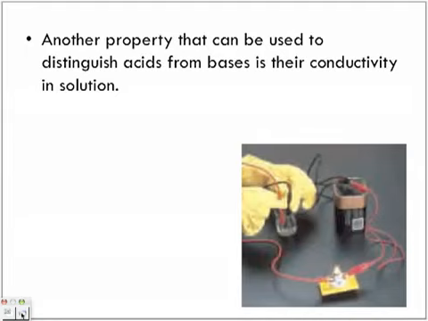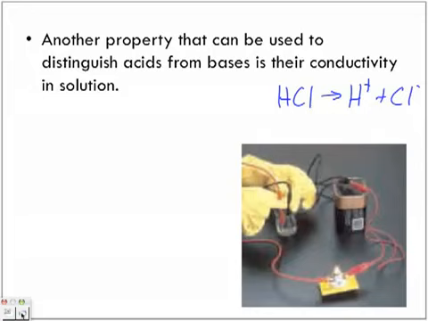Another property that can be used to distinguish acids from bases is their conductivity in solution. If we were to hook up a power source and a little light source, because there are ions formed in solution, the dissociation, remember when we looked at how something like HCl can dissociate into ions, these ions can help carry that charge.